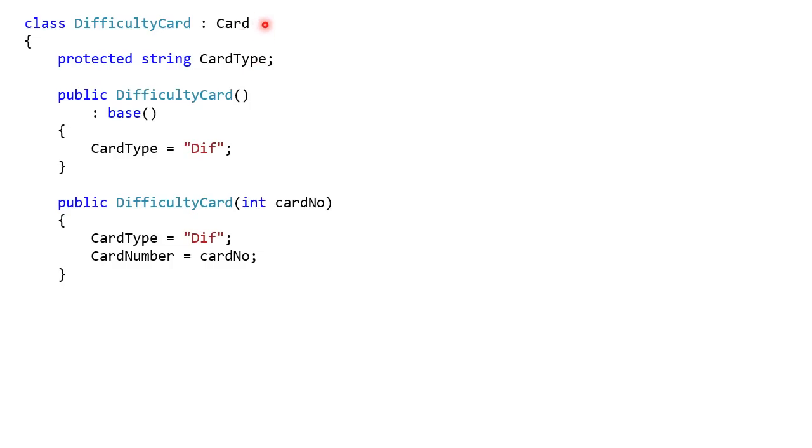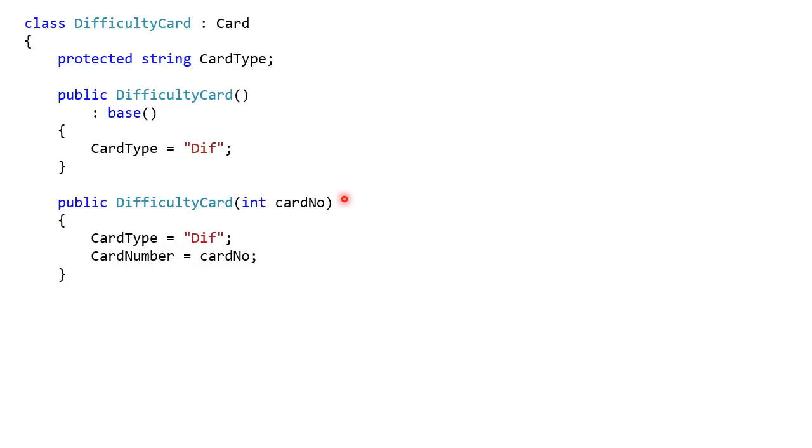So this is the method that's being called, the constructor method for difficulty card. As we can see, difficulty card is a subclass of card, and you can see here that there are actually two constructor methods, i.e. it's overloaded. In this case, we've called it whilst passing in a single parameter, the card number, so it's this one that's being called.